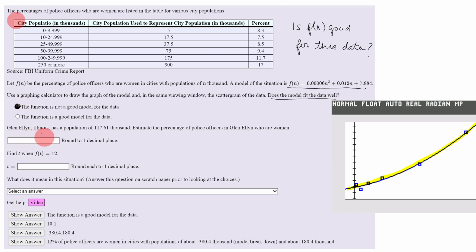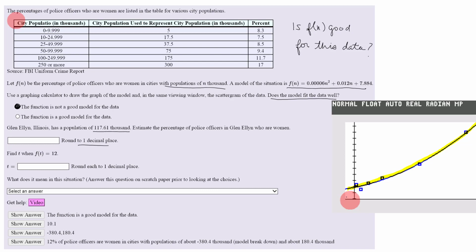Glen Ellen, Illinois has a population of 117.61 thousand. Estimate the percentage of police officers in Glen Ellen who are women, and round to one decimal place. So notice they're giving us a population. So n is the population and f is the percentage. Because this model f of n fits this data so well, we are able to predict values for other populations within the scope of the model.